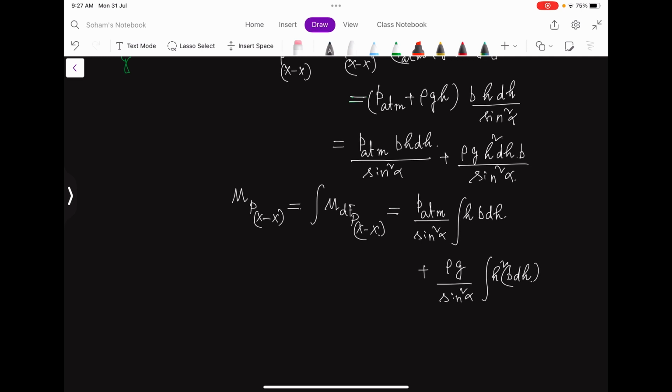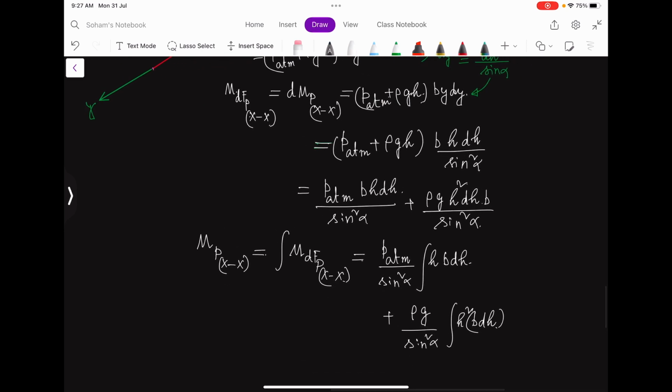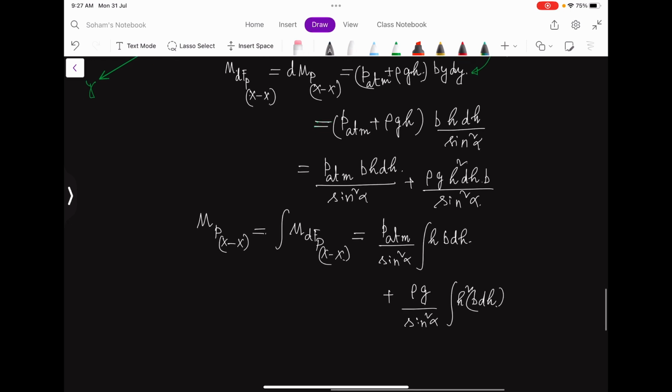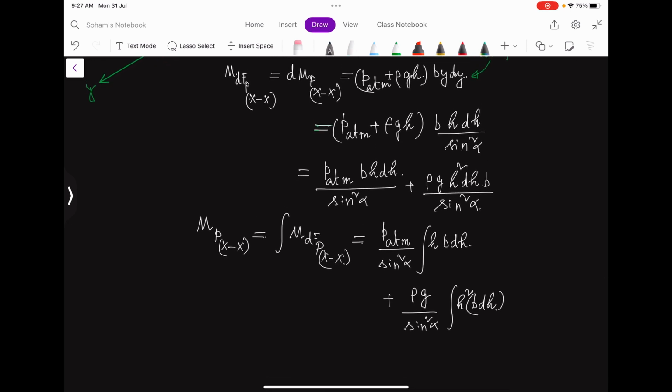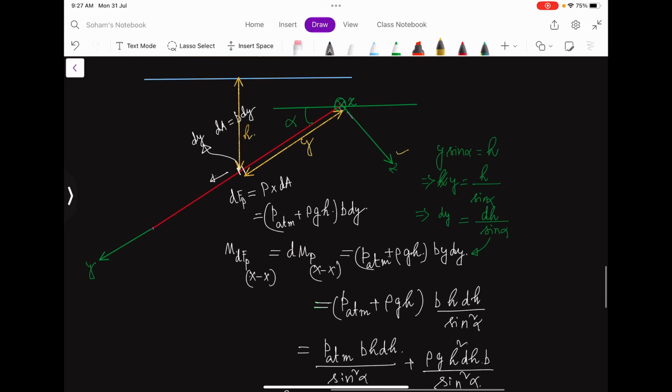And h also directly means y sine alpha, right? So if I take only this term, just understand the mathematics very carefully, because you may have to derive this in your exams. So h means y sine alpha.